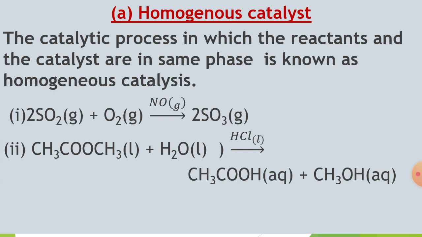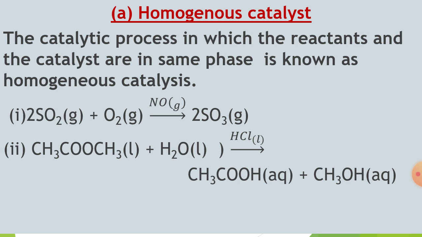Before the arrow the molecules written are known as reactants, and after the arrow they are known as products. So you have to look only at the reactants. Listen again: the catalytic process in which the reactant and the catalyst are in the same phase is known as homogeneous catalysis. Now two examples are given. Examples are many more, but here two are taken. This is sufficient to understand homogeneous catalysis.